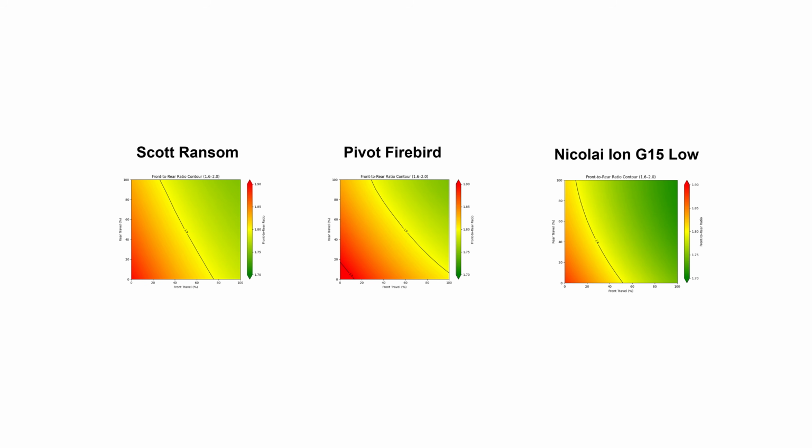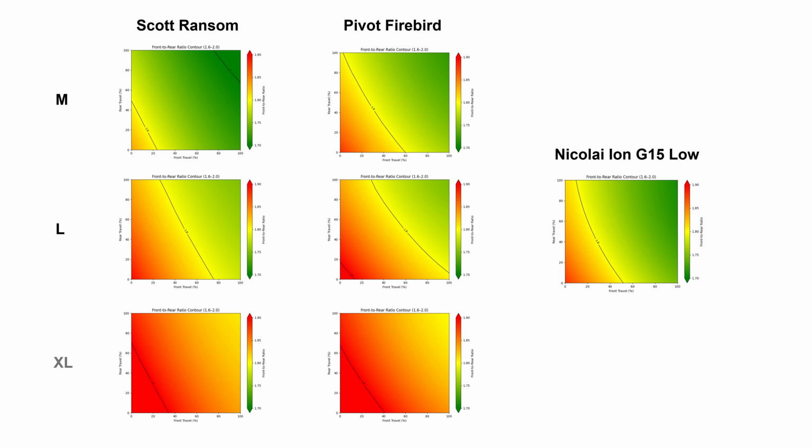All of these three size-large bikes have a similar-ish FR ratio when looking at the static geometry, especially the Scott and the Nikolai. However, when we look at it as an evolution of suspension movement, we can see that the graphs run differently. The differences grow even bigger when we compare different sized bikes to each other. Currently, barely any manufacturers take the balance between sizes into consideration.